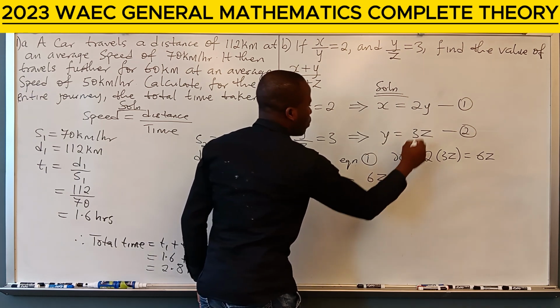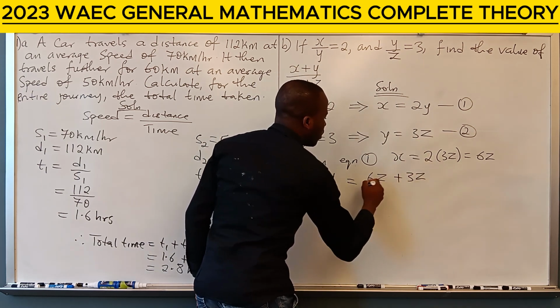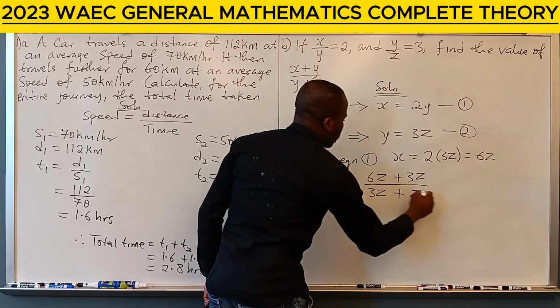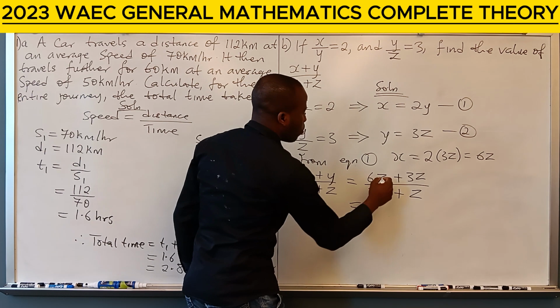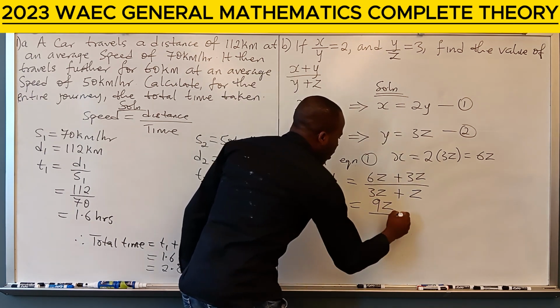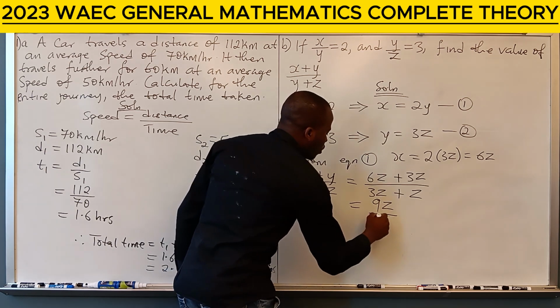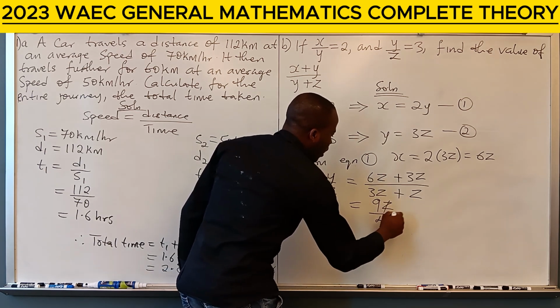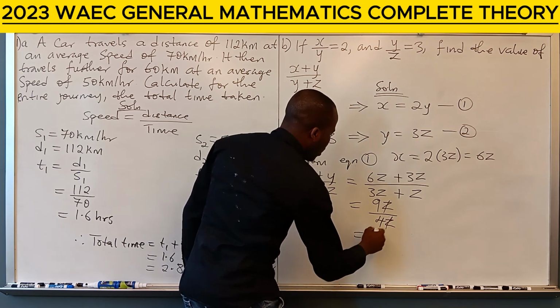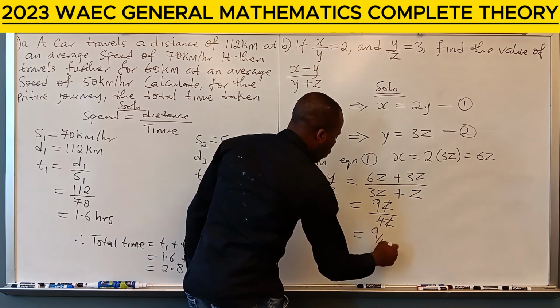In place of y, we'll put 3z. In place of y, 3z plus z. And when we sum this up, 6z plus 3z is 9z. And 3z plus z is 4z. z can cancel z because it's not 0. And so we're left with 9 over 4.